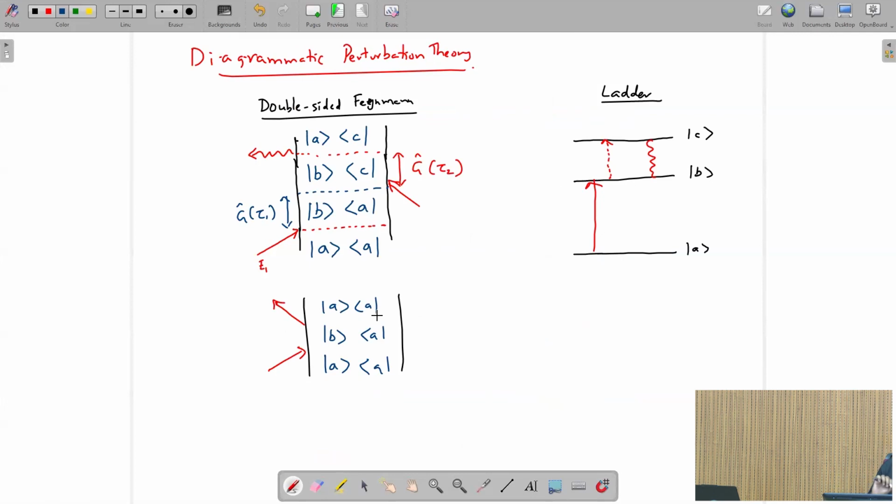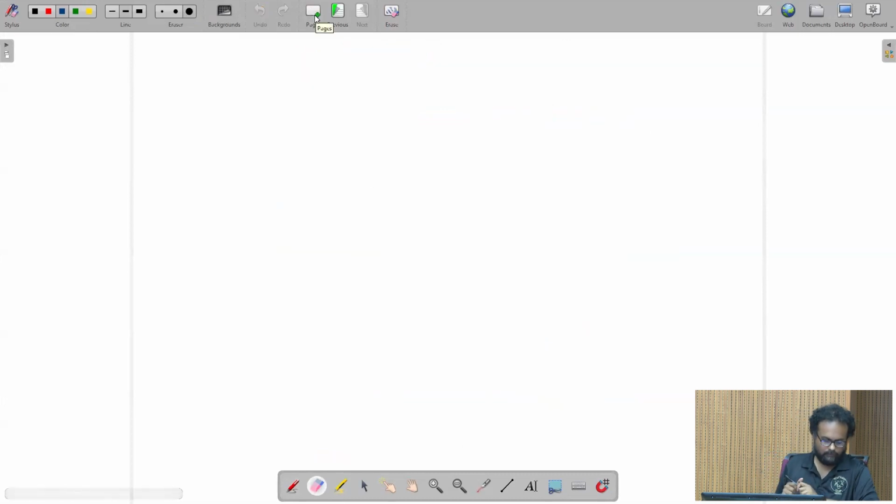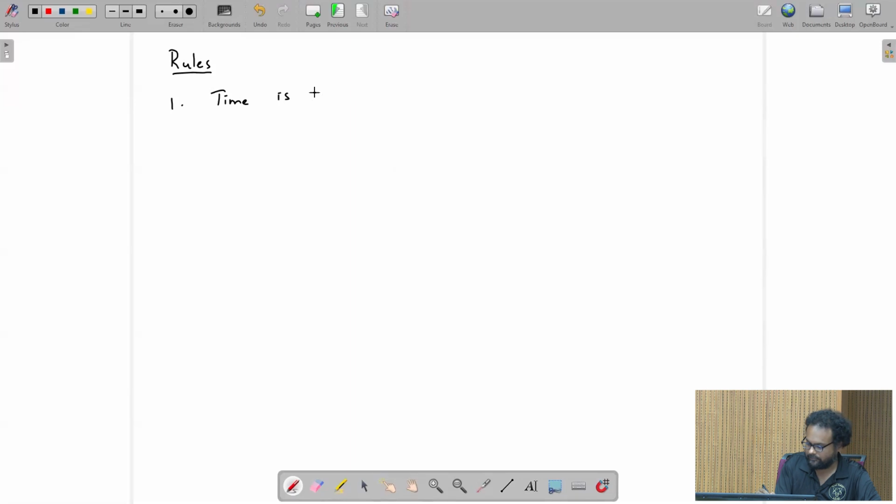So let's write down some rules for Feynman diagrams. Rules. Time always runs from bottom to top.